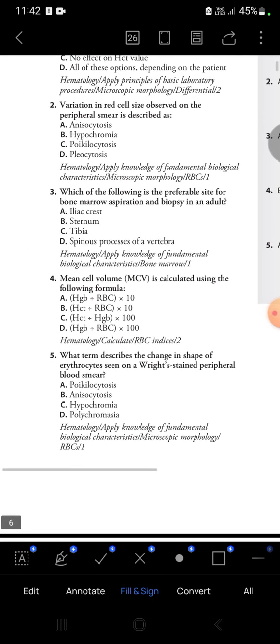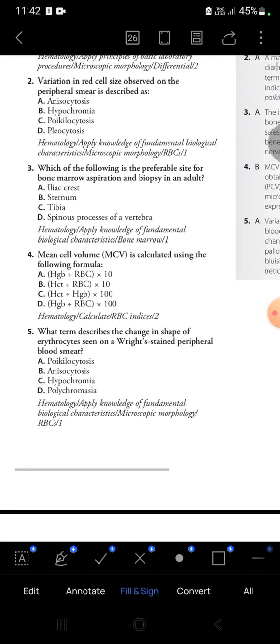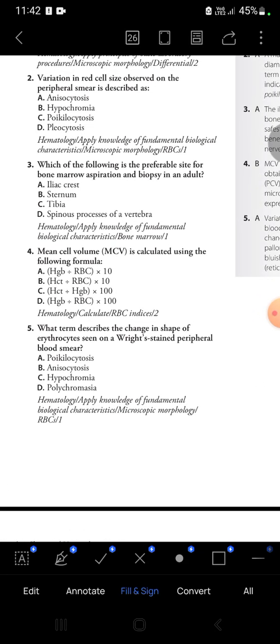Okay, so the third question: which of the following is the preferable site for bone marrow aspiration biopsy in adults? The options are iliac crest, sternum, tibia, spinous process of vertebra. So the answer is iliac crest.